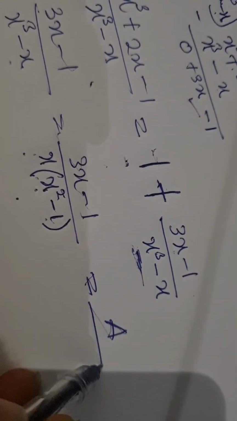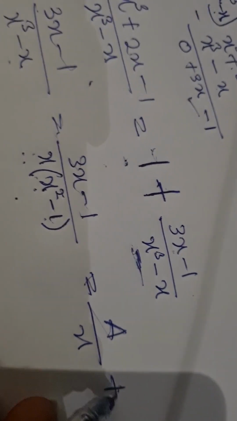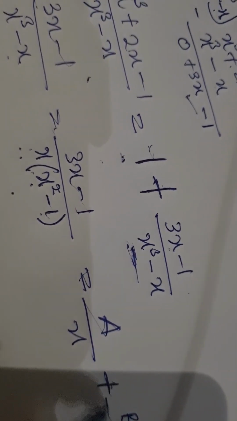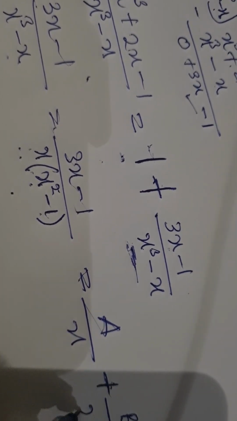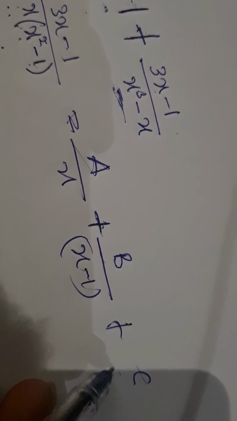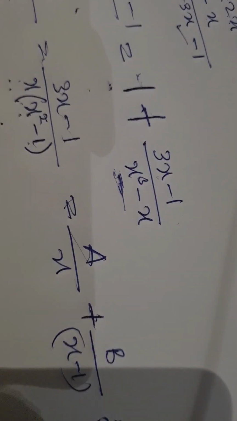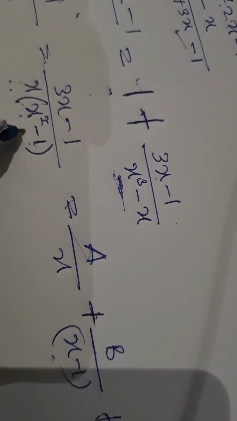So this is equal to A over x, plus B over x minus 1, plus C over x minus 2. Now how did I get this? I got this one from here, right?